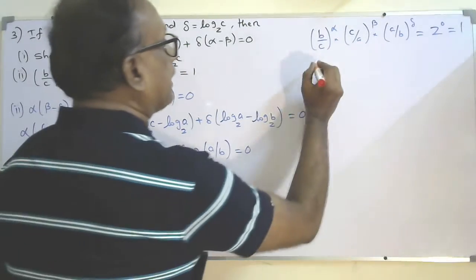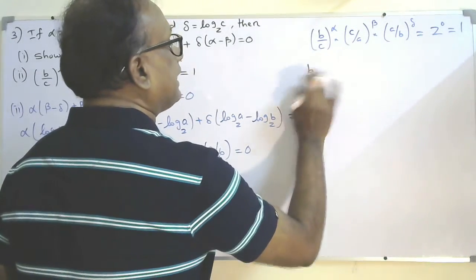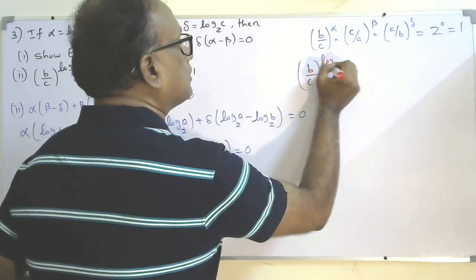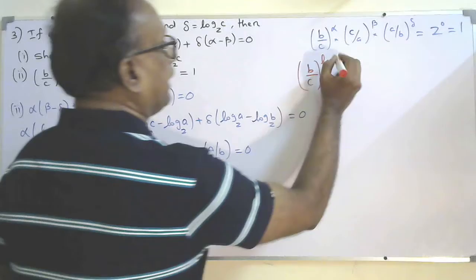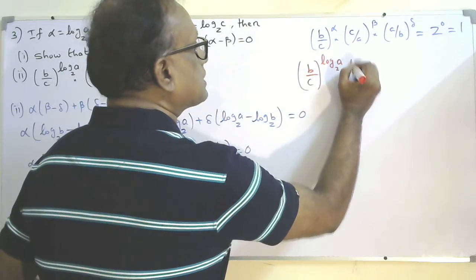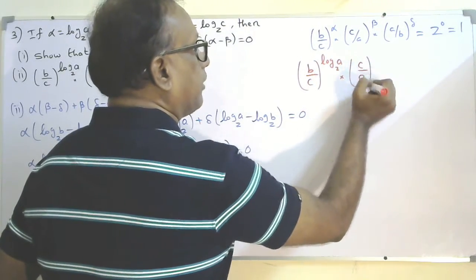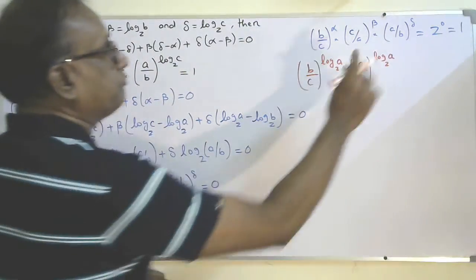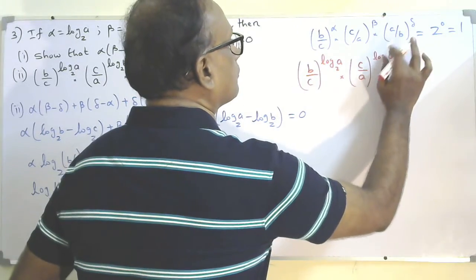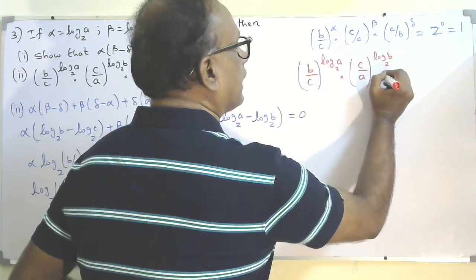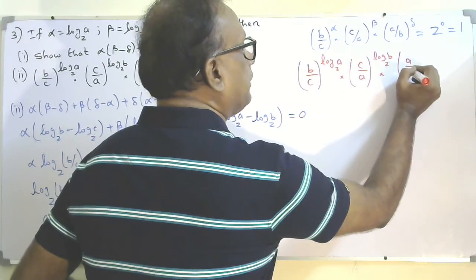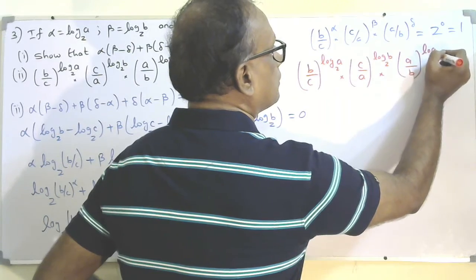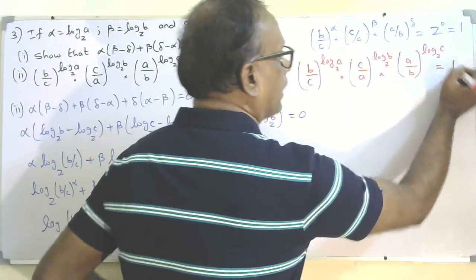If I replace, I'll get b over c to the power log z of a, times c over a to the power log z of b, times a over b to the power log z of c, equal to 1.